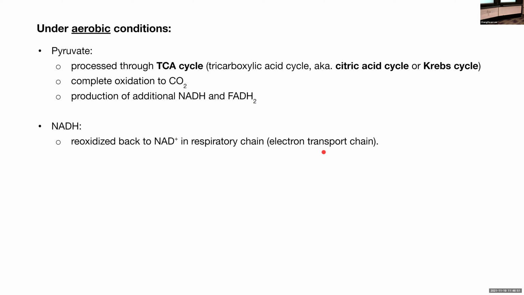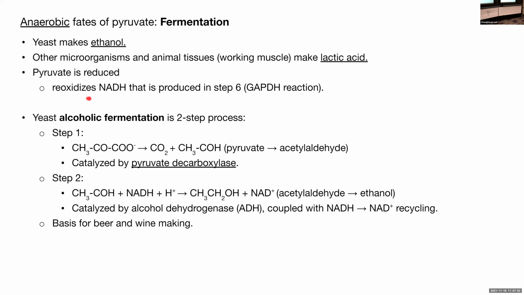So it's all about breaking down the glucose molecules and then generating as much energy as possible in the form of ATP. In anaerobic conditions, the pyruvate can go through fermentation to become a different molecule. So yeast basically makes ethanol using pyruvate going through this process of fermentation.